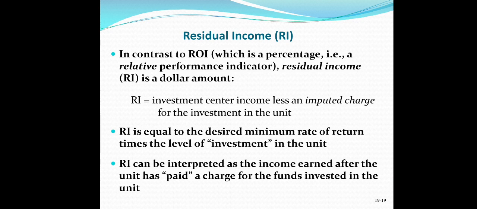RI or residual income can be interpreted as the income earned after the unit has paid a charge for the funds invested in the unit. To calculate the RI, you have to have a rate of return. The rate of return is like an interest rate. It is in terms of percentage.